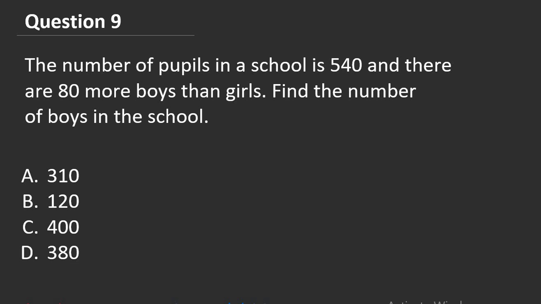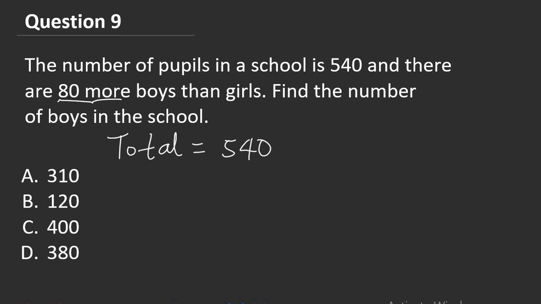Question number 9. The number of pupils in a school is 540. So the total is equal to 540. And there are 80 more boys than girls.